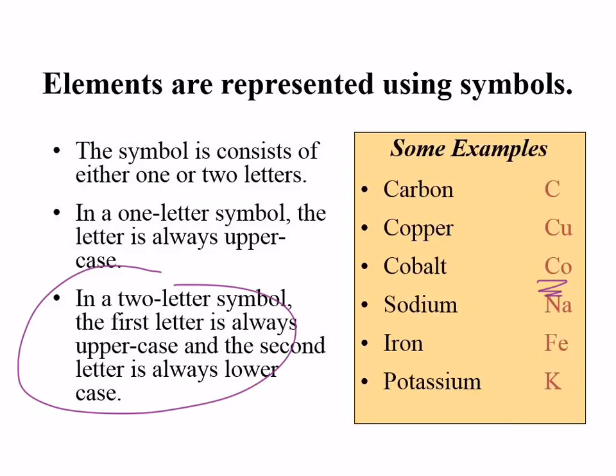And if that's cobalt, what is this compound? Carbon monoxide. It is carbon monoxide. So you have to be careful and make the second letter lowercase if there's a second letter.